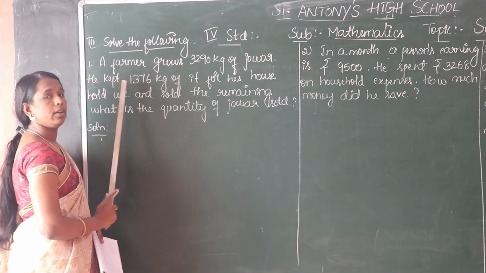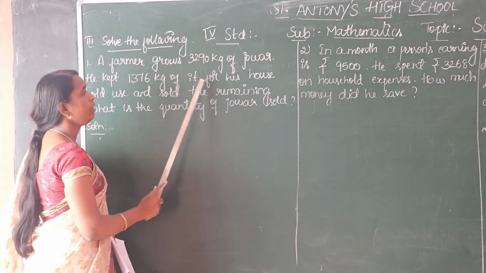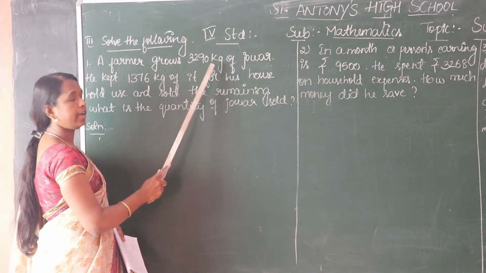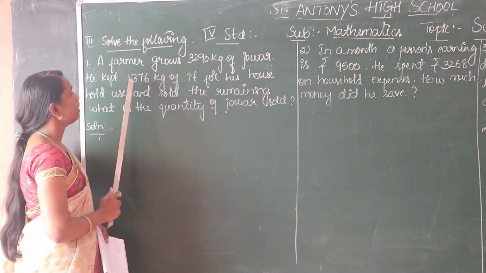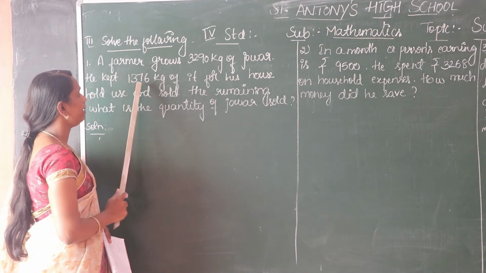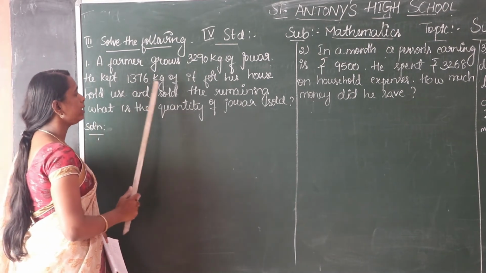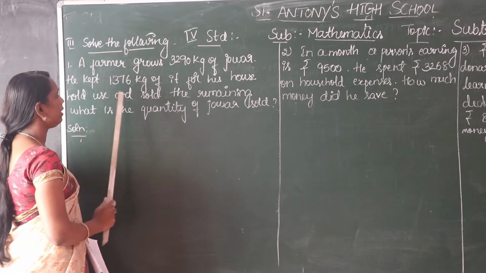He kept 1,370 kg of it for his house. He kept in his house 1,376 kg of jowar, and the rest is sold.